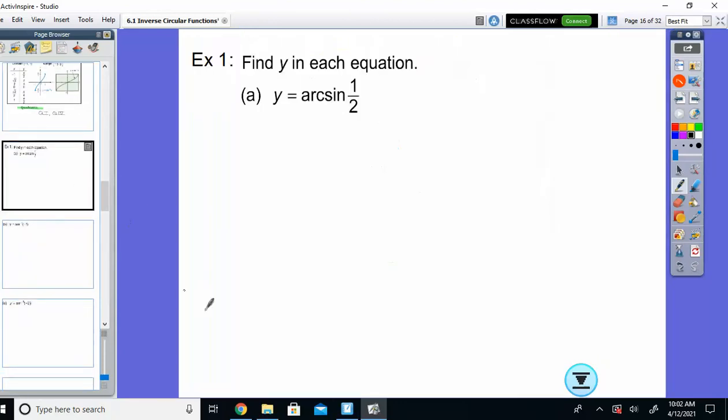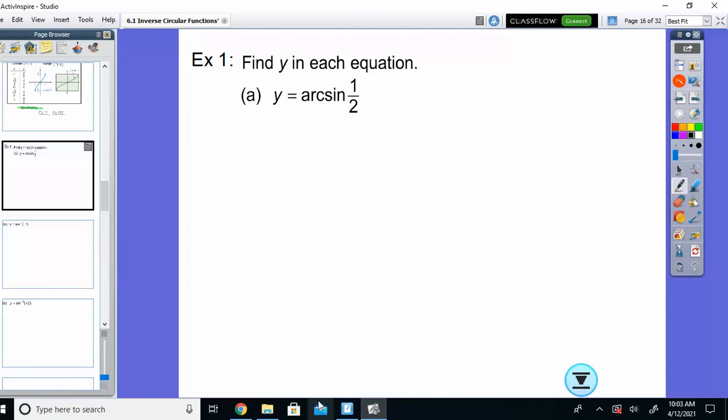All right, so here's how we're going to evaluate these. I want to find y in each of these equations. So it's like questions we've done before, however, we are starting with arc sine, or sine inverse.